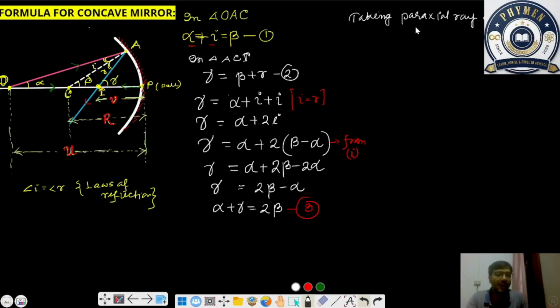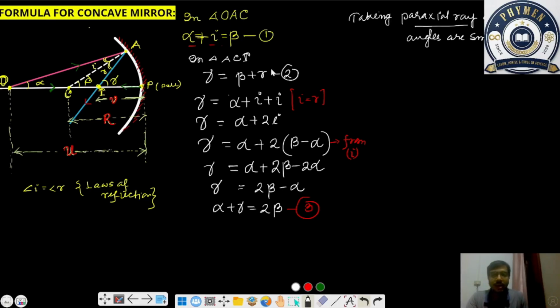Paraxial ray means angles are small. Paraxial rays are those rays which are parallel to the principal axis and making a small angle, that means angles are small. So we take the Paraxial ray approximation.